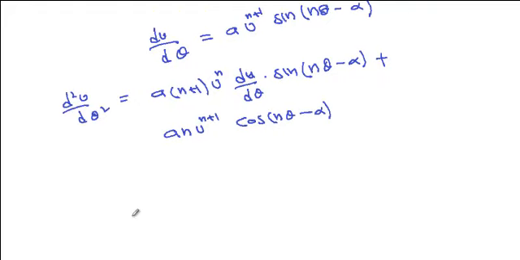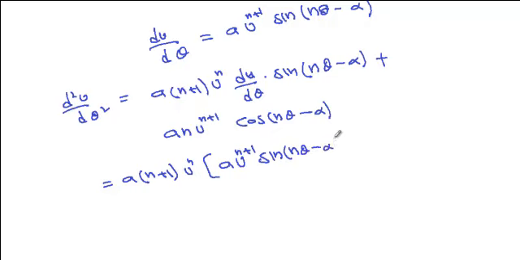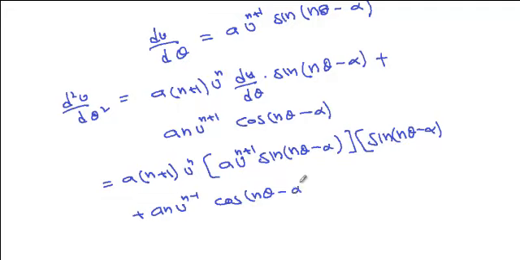So this can be written as A(n+1) u^n, and then A u^(n+1) sin(nθ − α), multiplied with sin(nθ − α), plus A n u^(n+1) cos(nθ − α).